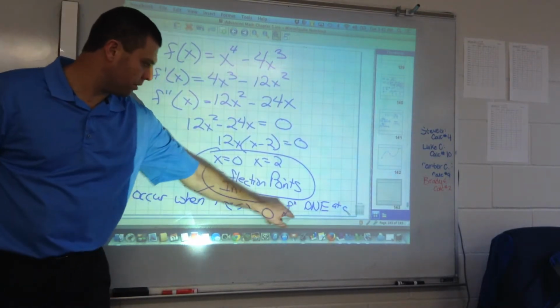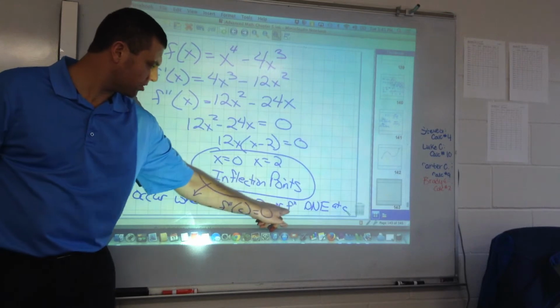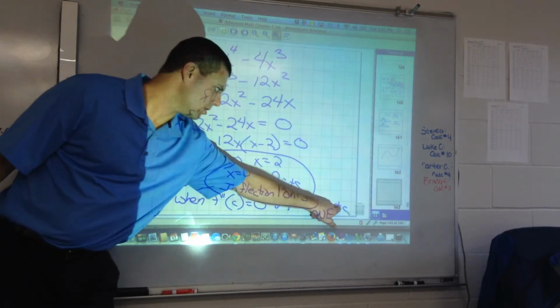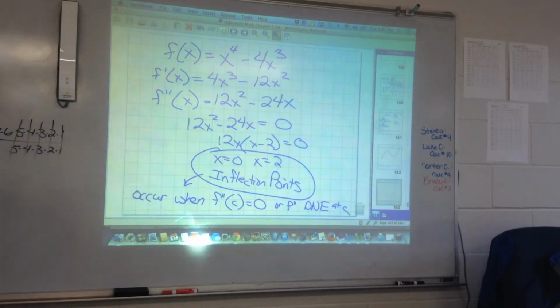So that's how you find your inflection points. Check to see when the second derivative equals 0, or when the second derivative does not exist. Those will be your inflection points.